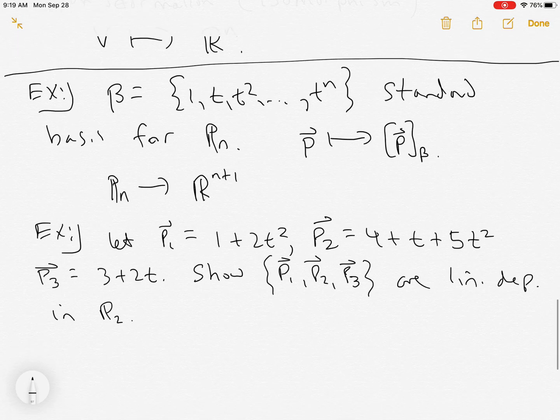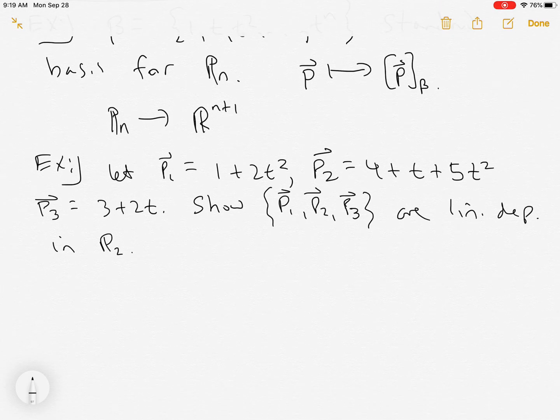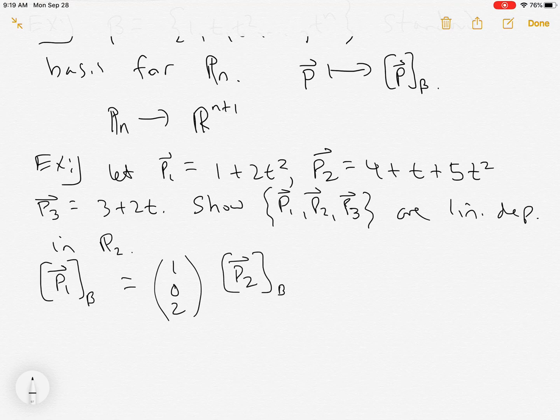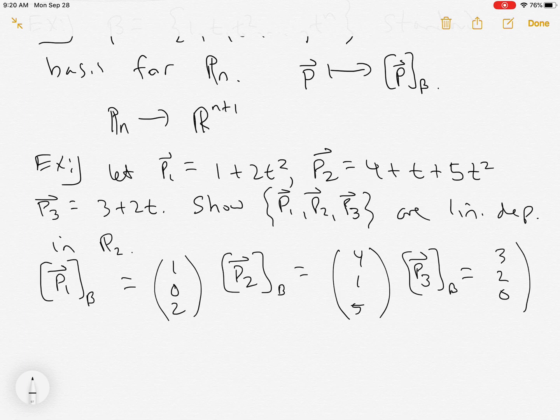All right, so here's what we do. We take this mapping and we find the coordinate vector with respect to B: for p1, which is (1, 0, 2); for p2 it is (4, 1, 5); and p3's coordinate vector is (3, 2, 0).